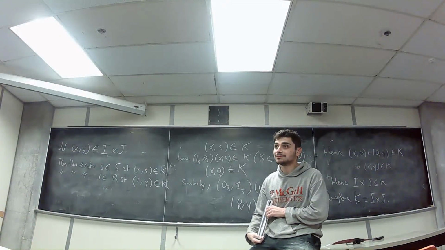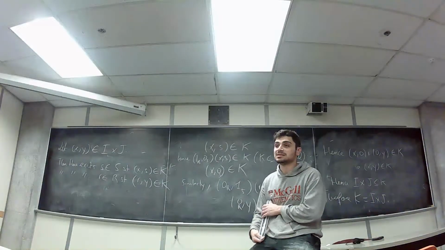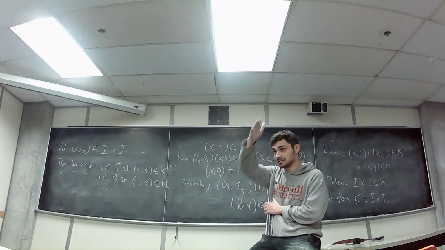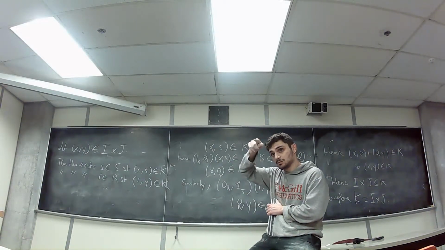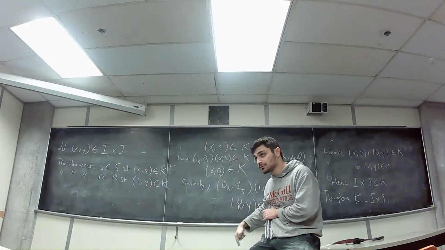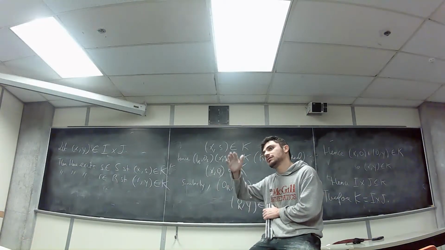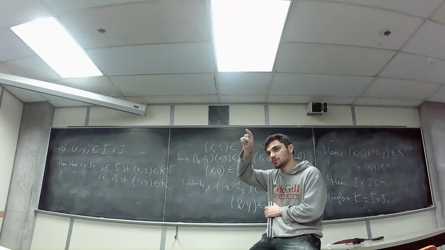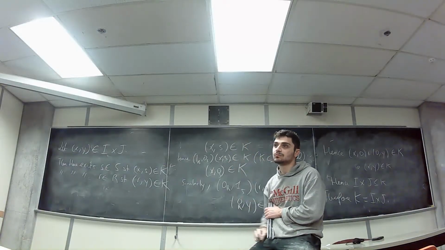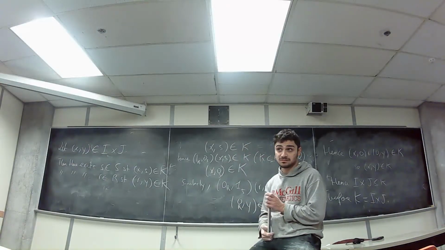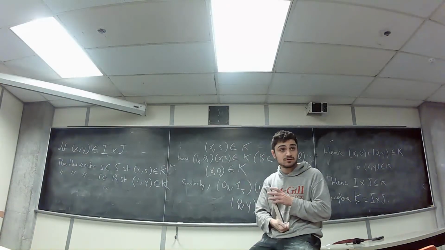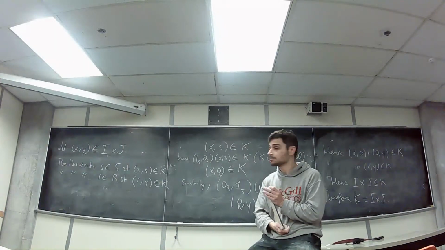For example, let's pick Z3 cross Z3 and take the diagonal: (0,0), (1,1), (2,2). That's a subgroup of Z3 cross Z3, but it's not the product of two subgroups. Okay? Great.